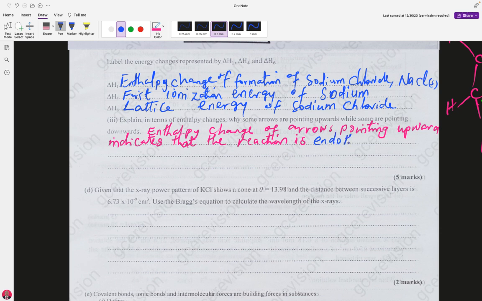Endothermic means it has a positive value. It's endothermic.